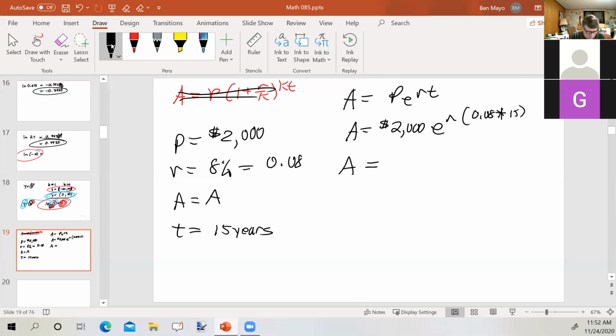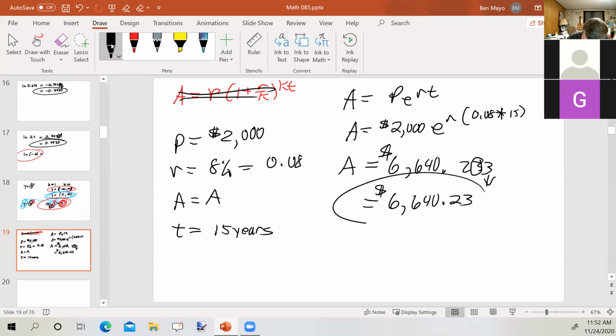So we've got 2,000 second e to the x, 0.08 times 15, close up the exponent, 6,640.233. Now, it doesn't say, but since we're dealing with money, you would round to the nearest cent. The 3 would round down. So $6,640.23 would be the final answer.